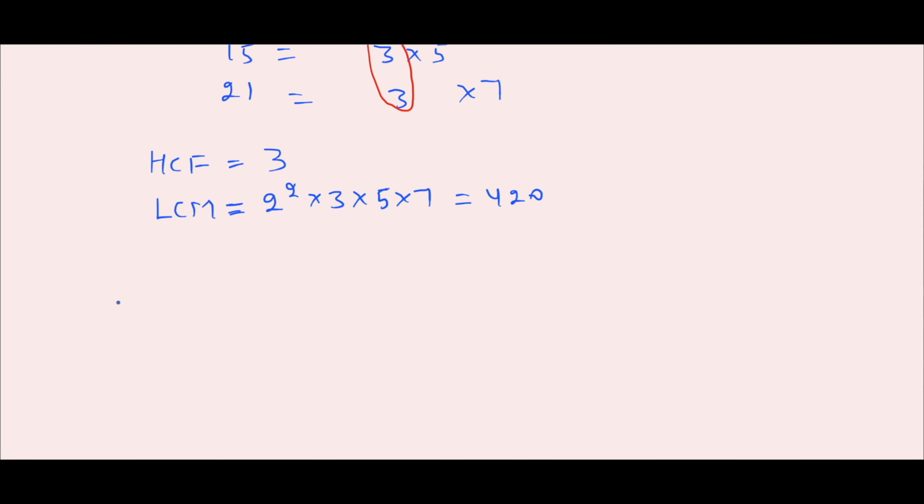So question number 3 we did. Now question number 4. The SCF of 306 and 657 is given as 9, and we have to find out the LCM.